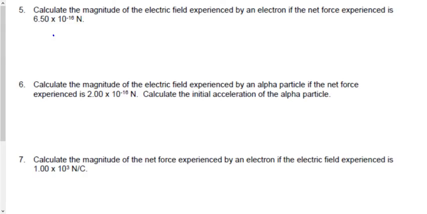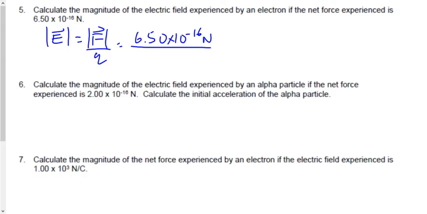So we're going to use the experiencer equation. E is equal to F over Q. F is 6.50 times 10 to the minus 16 newtons. Q is negative 1.6, but we're going to drop the negative. Do the math there, works out to be 4.06 times 10 to the 3.